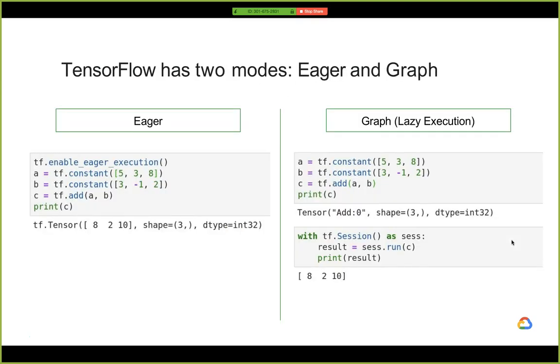And we said in TensorFlow there are two modes of execution: eager mode, which is imperative like in Python and R, and the lazy mode or the graph mode, which is recommended for production because it improves performance by reducing the context switches between Python and C++.